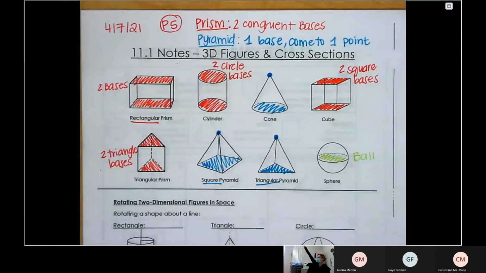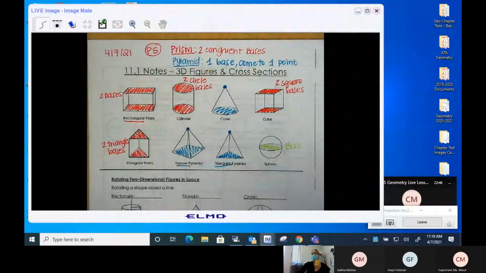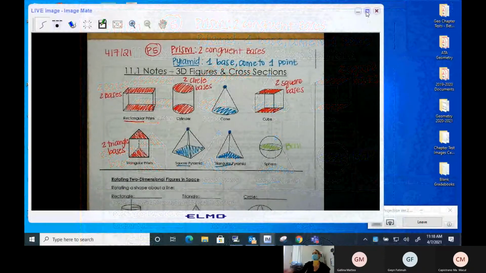Okay, and now my live people, I'm going to show you guys. So take a look. Okay, here's the shape. Here's what it looks like on this side. Here's what it looks like on this side. All right, now, knowing that, first of all, is this a prism or is this a pyramid?